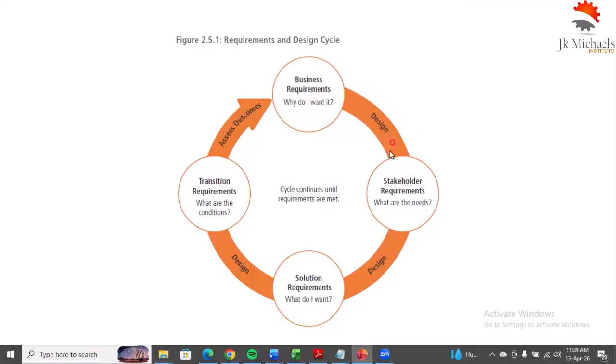Now, to be able to apply and understand stakeholder requirements, when we implement stakeholder requirements, we're asking what are the stakeholder needs, right? We're capturing it using these initial designs. And then when we've been able to capture them, they become requirements. And then we begin to analyze the stakeholder requirement and try to create a design to describe the right kind of solution that would fulfill stakeholder requirements.